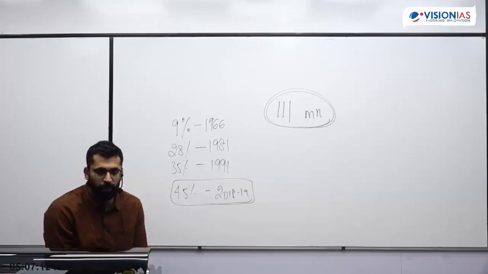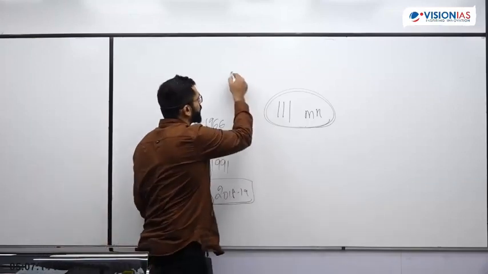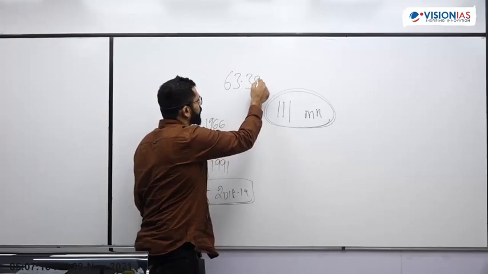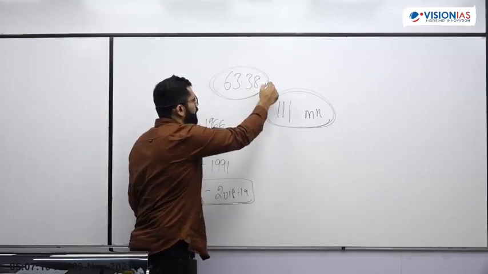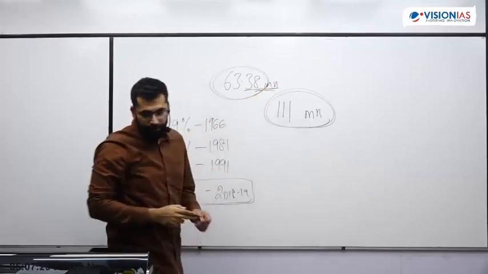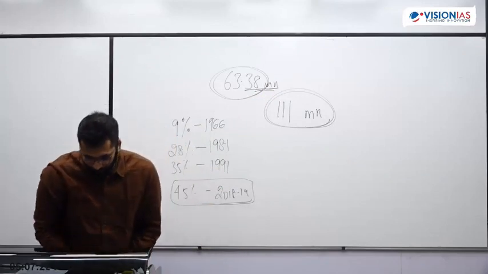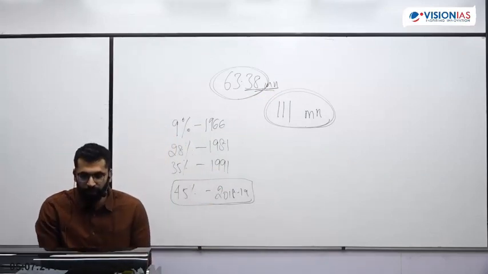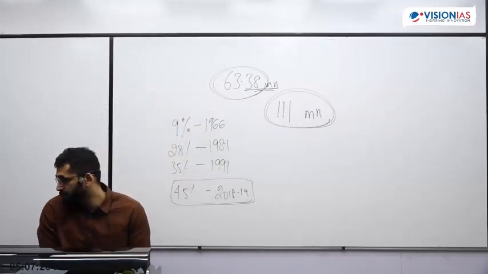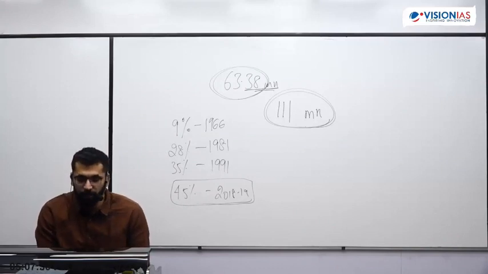There are a total of 63.38 million enterprises in this small sector, the MSME sector. And it contributes over 28% of the GDP.